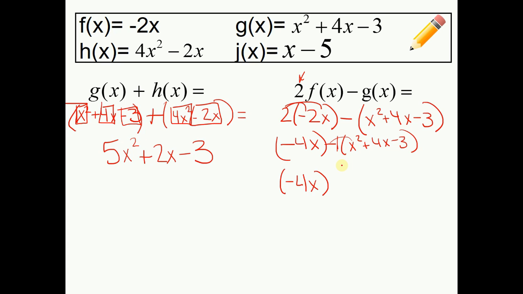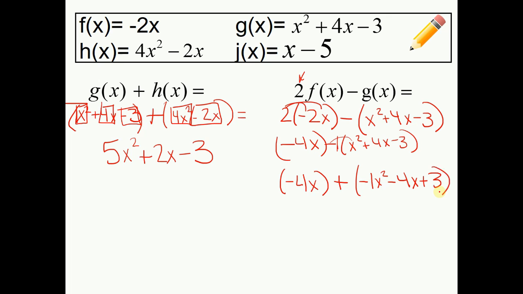So I recommend distributing the negative into the expression behind it. Now, if I do that, I will get an addition sign in the middle of the 2. So, negative 1 times x squared is a negative 1x squared. Negative 1 times a positive 4, negative 4, and negative 1 times negative 3, positive 3.